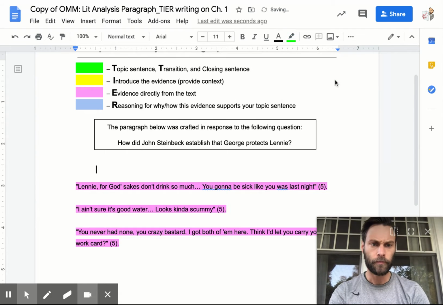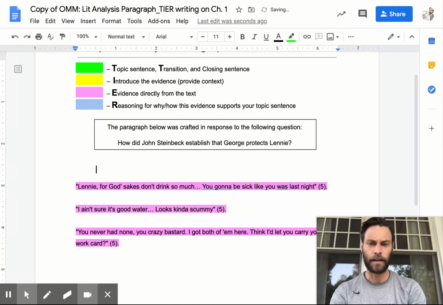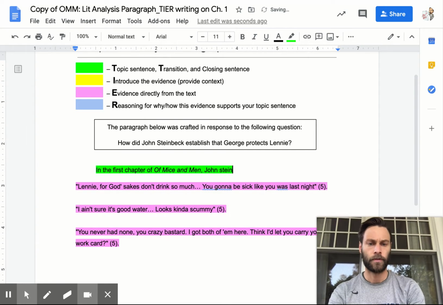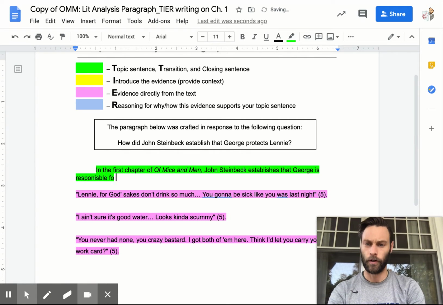I'm going to do something like, in the first chapter of Of Mice and Men, I'm going to use the prompt here. I can always go back and change it up if I need to. Steinbeck establishes that George is responsible for protecting Lenny.